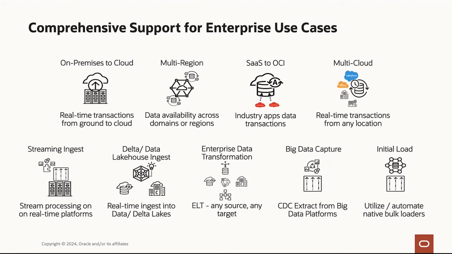Initial load is the process of extracting data records from a source database and loading those records into a target database. It is a data migration process that is performed only once. GoldenGate allows you to perform initial load data migrations without taking your systems offline. So you can use it for that use case.